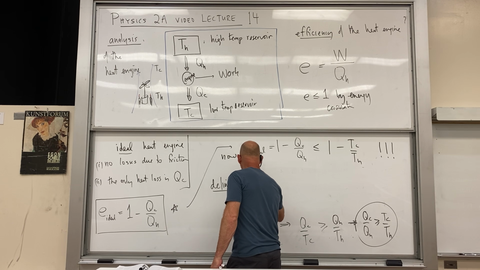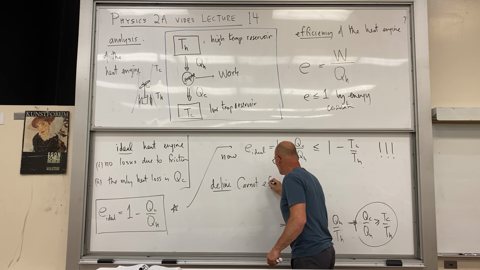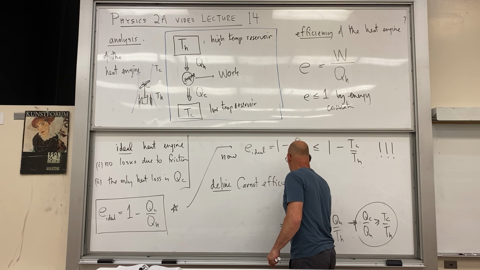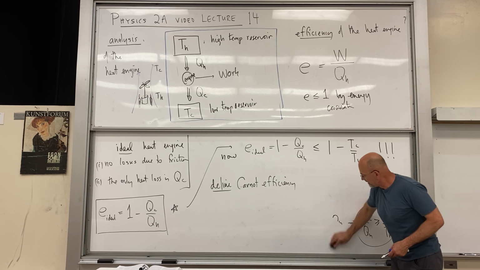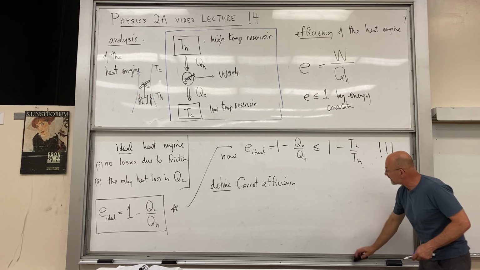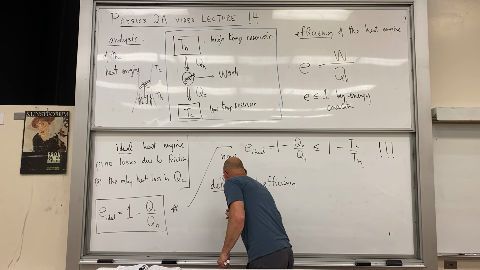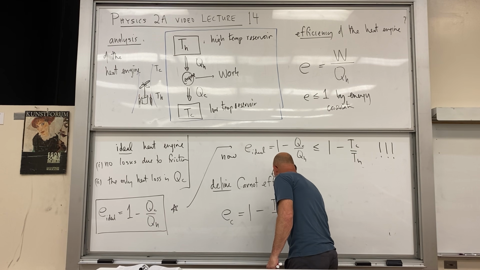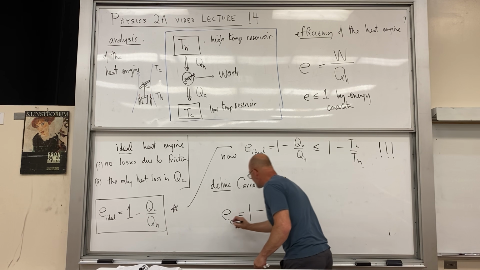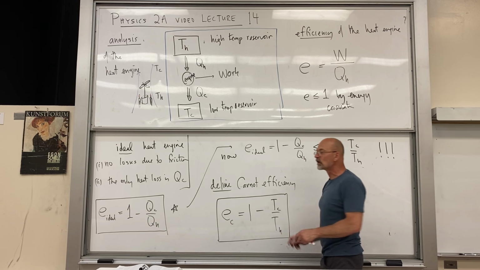Carnot was a French engineer who figured these things out. The Carnot efficiency E sub C is equal to 1 minus TC divided by TH. I'm going to put this in a box. This is our grand result.